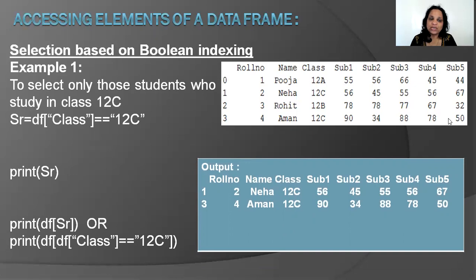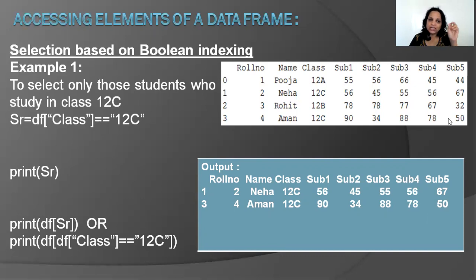Please pay attention to the last line. The last line looks like a big statement. I am saying either you write df in square bracket SR, because SR has that whole condition stored in it, or you don't need to use SR, you could have written that entire condition in df itself. So instead of writing SR, what's happening on the last line? Look at it carefully.